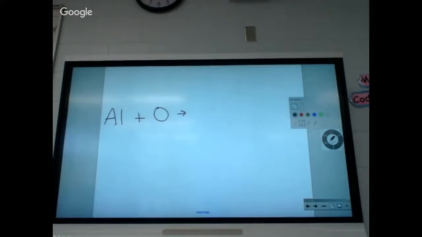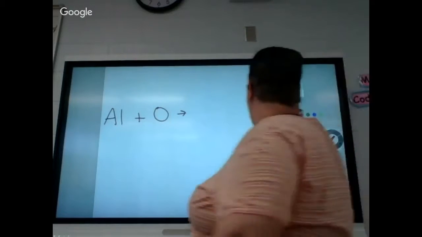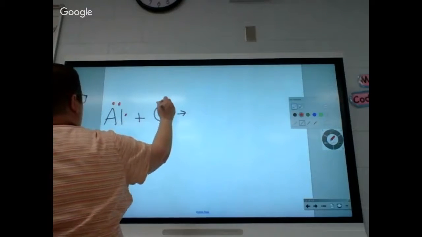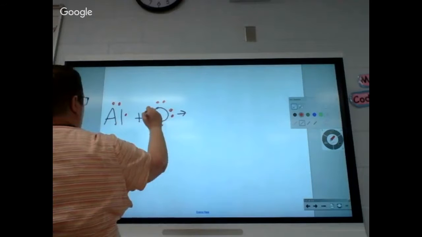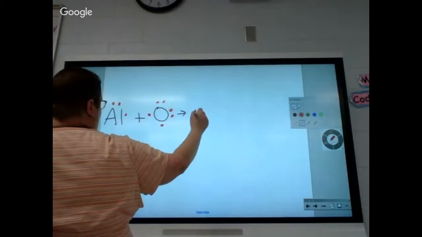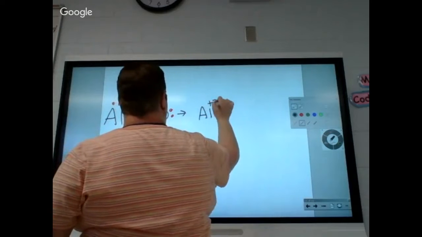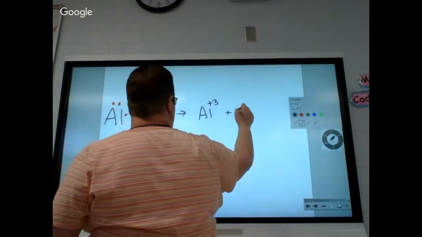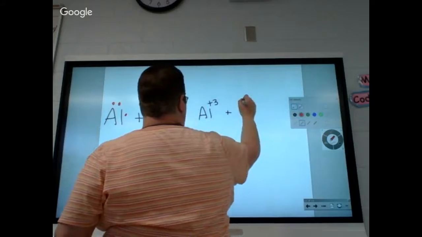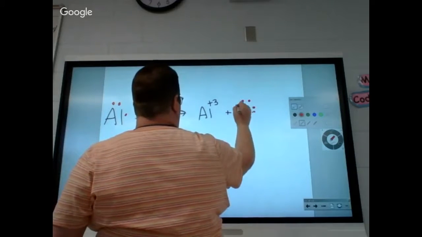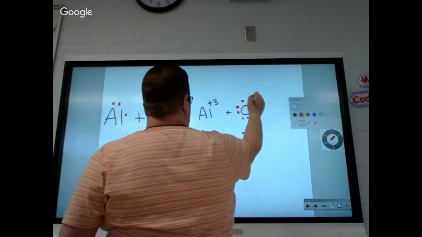So how many dots do you have on L? 3. Okay. And how many do you have on O? 6. All right. L will do what? Lose the three. And O will take two of the three, and then you have one left over.